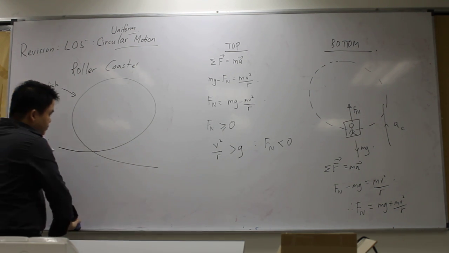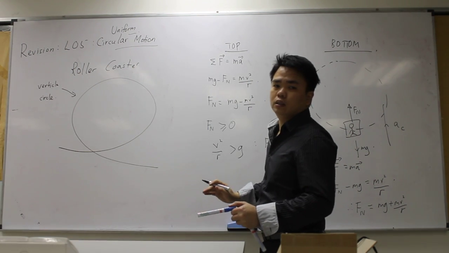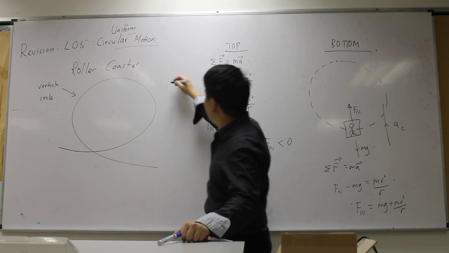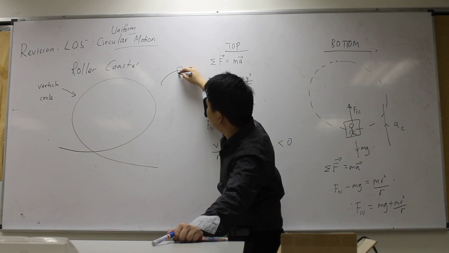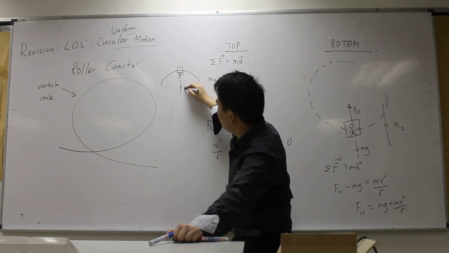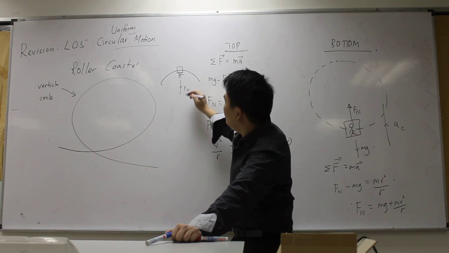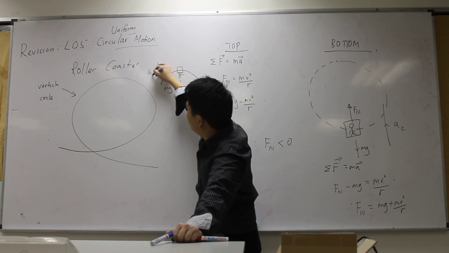So let's say I make it properly. At the top part, what is the force applied on the body? And at the top part, it means that right now the human is sitting upside down like this. So the Fn is inward, downward. On the other hand, mg is also downward. As a result, the acceleration is downward.